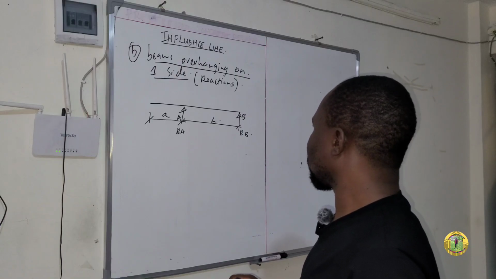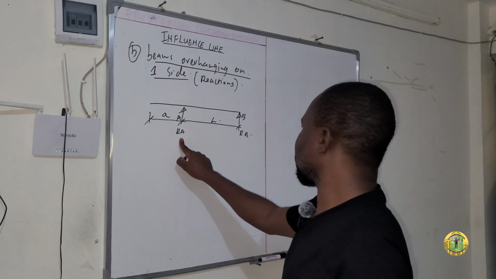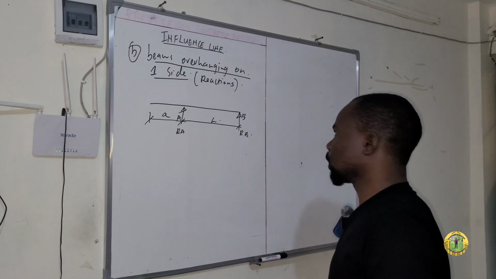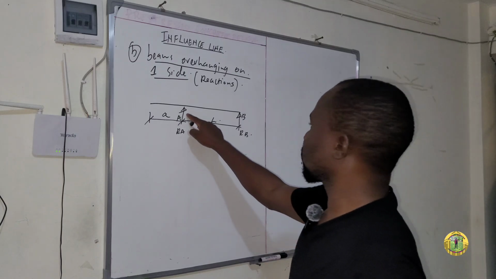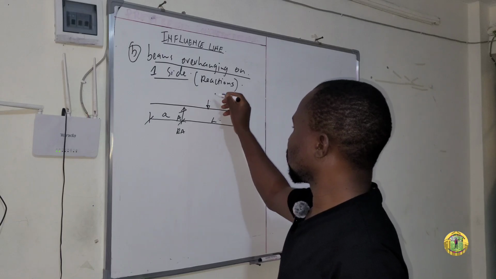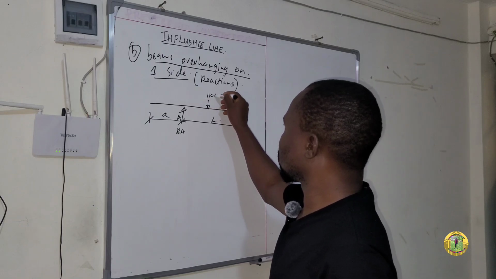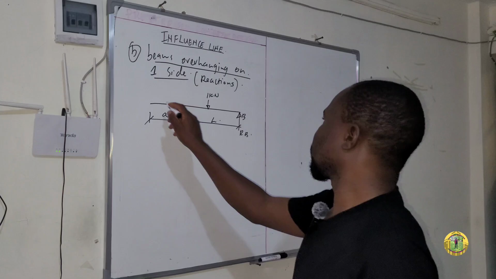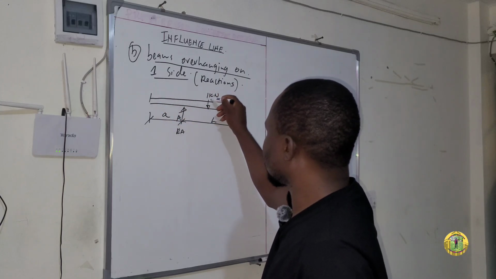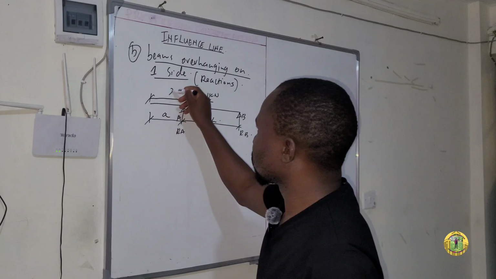So for us to calculate reaction at A and reaction at B, we will consider a 1 unit load from support A. So let's consider this unit load at this point. So this is 1 kilonewton. Then the distance from here to here is x.